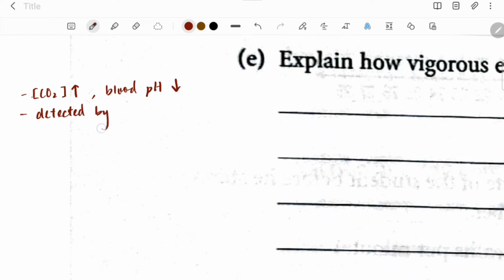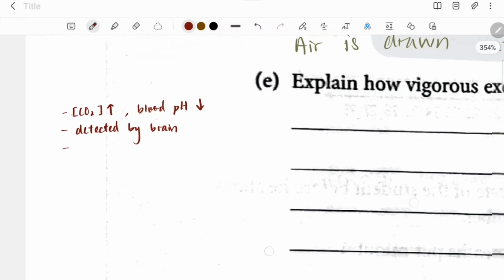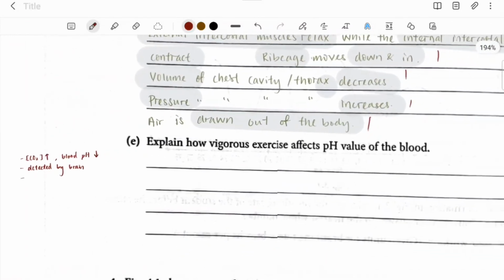by the brain. So this one is like that because their outcome is the pH value.